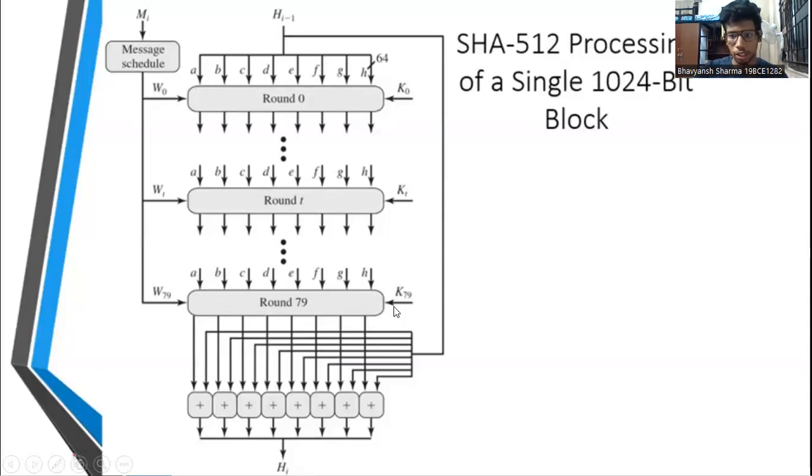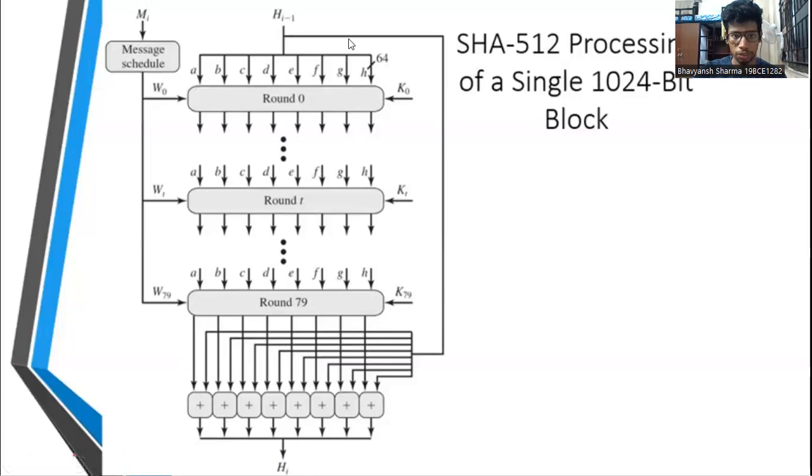We take the final round's output and the original eight buffers, A, B, C, D, E, F, G, H. This is not an XOR operation, this is a modulo addition, and we finally get the hash value, which is the final result.